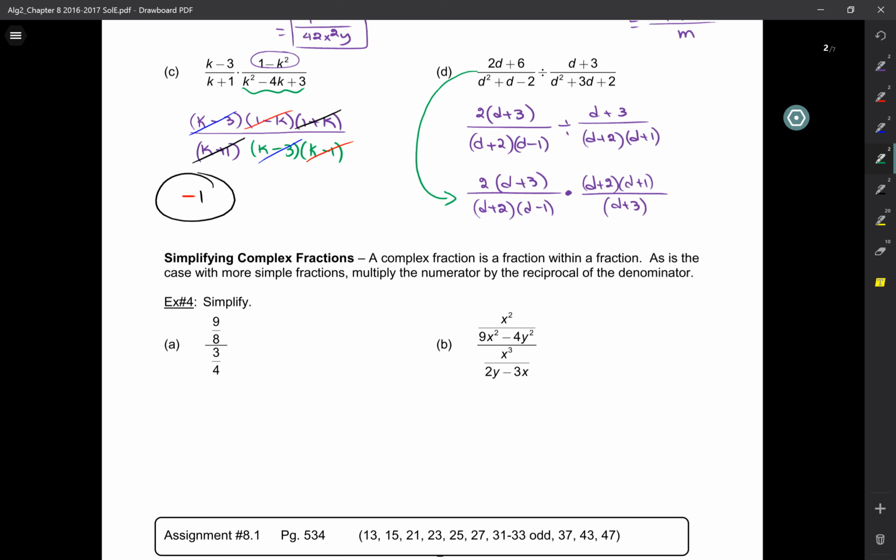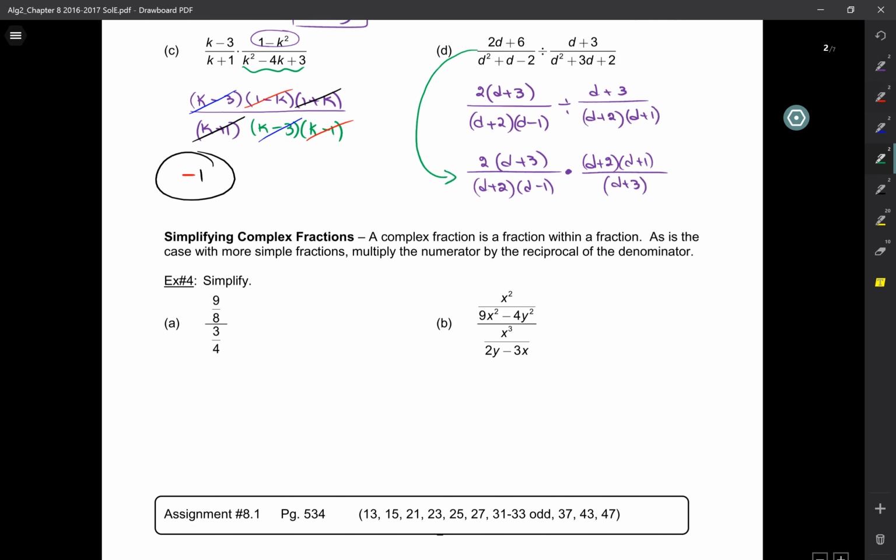Okay? All right, now here's another thing you could do to eliminate some work. You don't even have to put everything in one fraction bar. The rule is whatever is a numerator can cancel with something in the denominator. Okay? So I have a d plus 3 as a numerator.